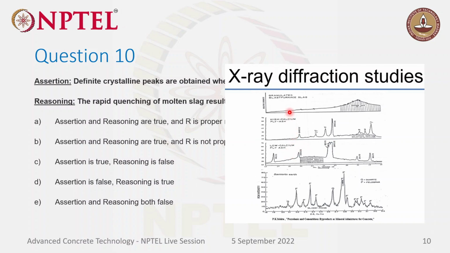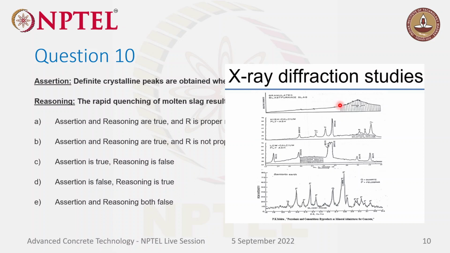Moving to GGBS, can we see any crystalline peaks here? No, right? Is the assertion true? No, it's false. So in the X-ray plots for GGBFS, we will not find any crystalline peaks unless it's air cooled.